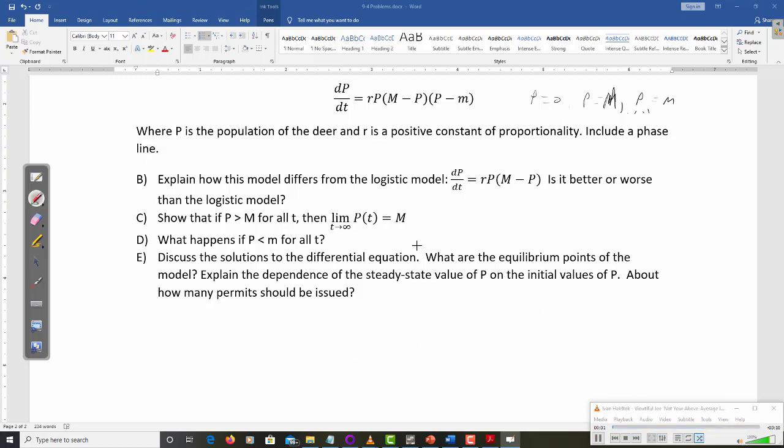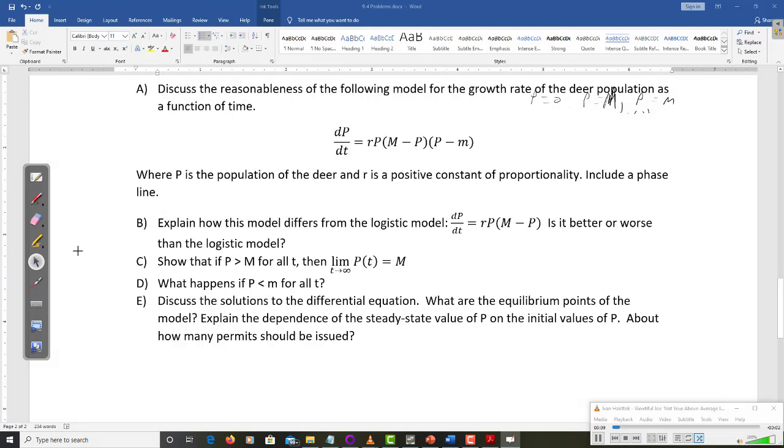So, to show in part C, show that if p is greater than m for all t, then the limit as t goes to infinity of p of t is m. Well, if you plug in values that are greater than m in here, you will get a negative thing.